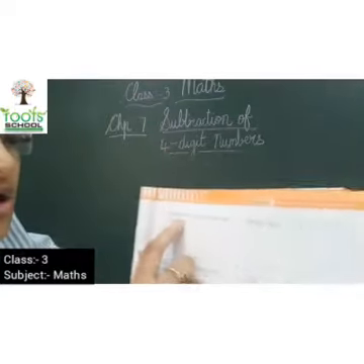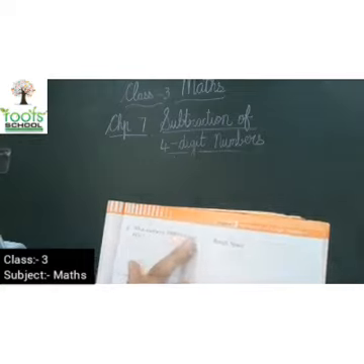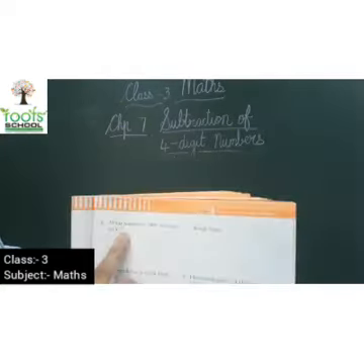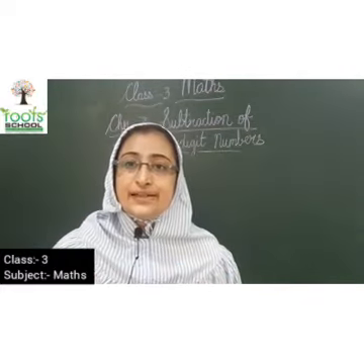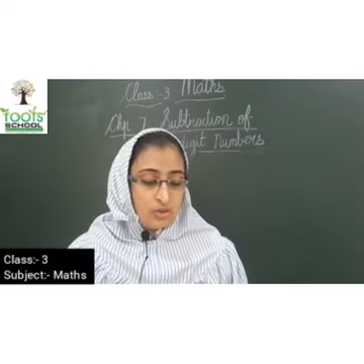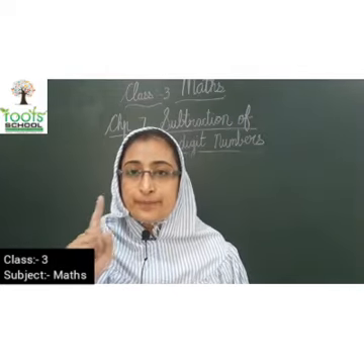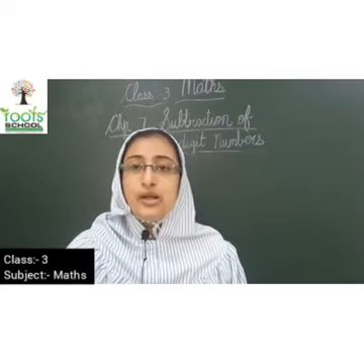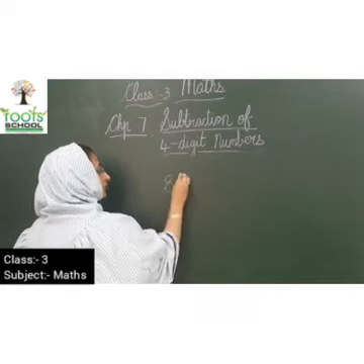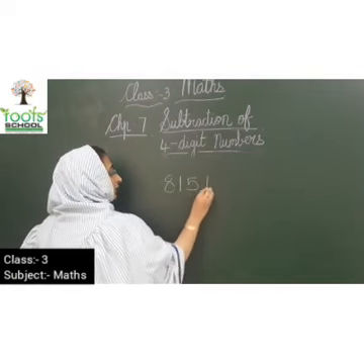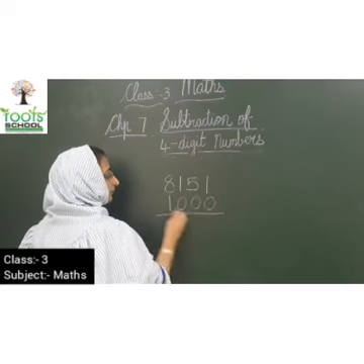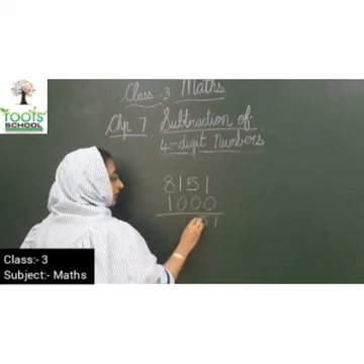What is written? What number is 1000 less than 8151? What do you mean by less than? Less than का मतलब होता है that you have to subtract. So what are you going to subtract? You are going to subtract 1000 from 8151. Come on, subtract 1, 5, 1.